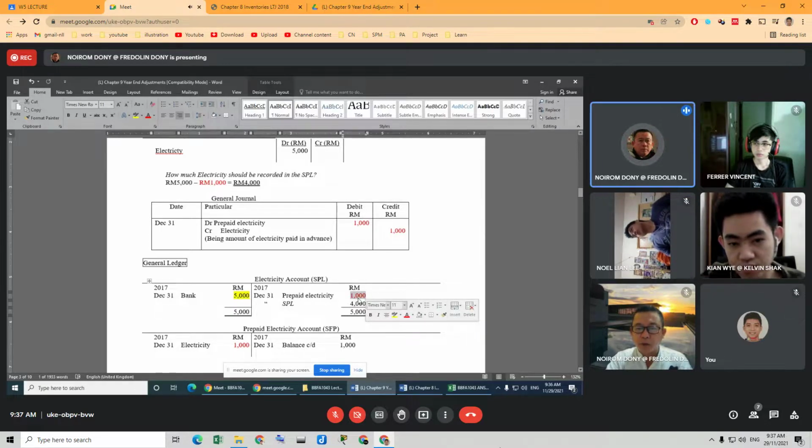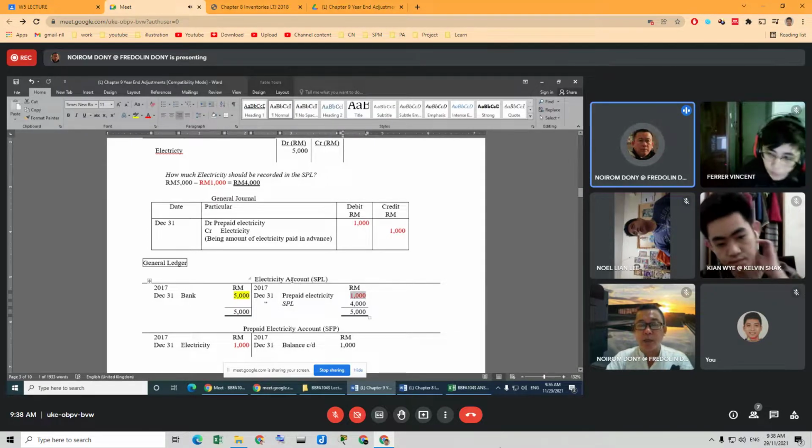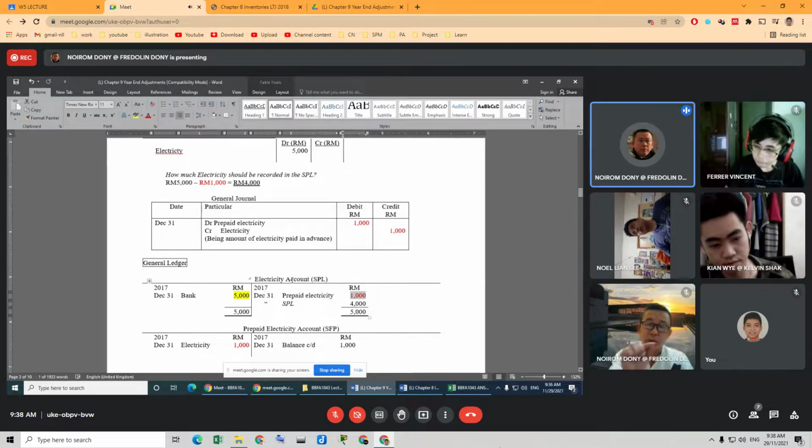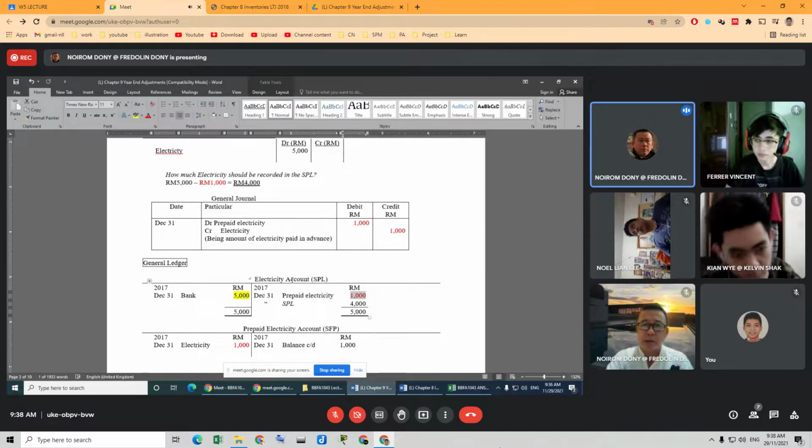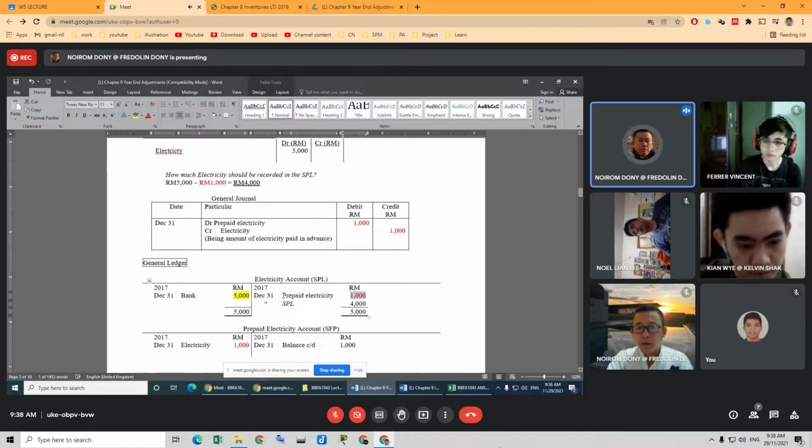It's already been put in red color for you to understand. And what is the name of the account that we put in the particular in the electricity account? The name of the account that is being debited, which we term as electricity also, but then just add the wording prepaid. So prepaid electricity.